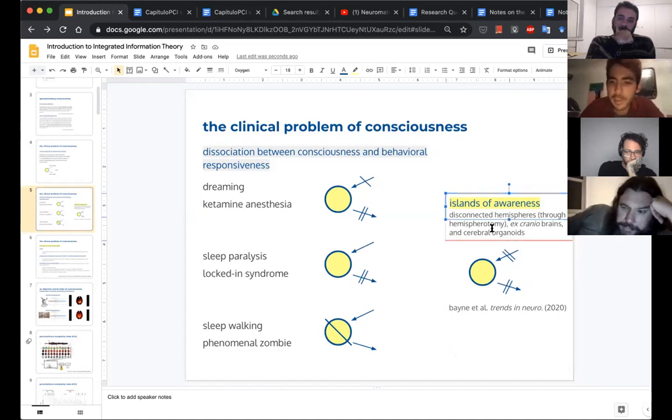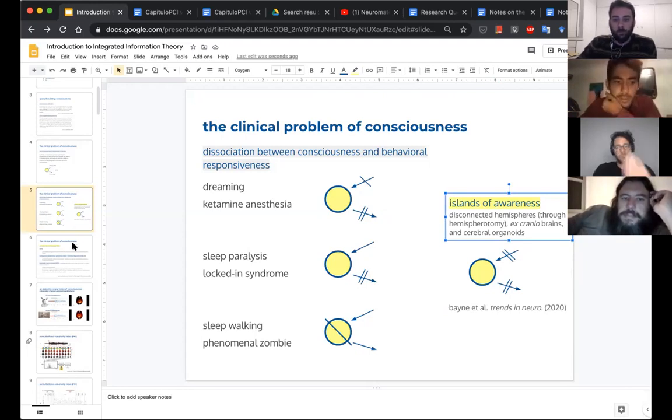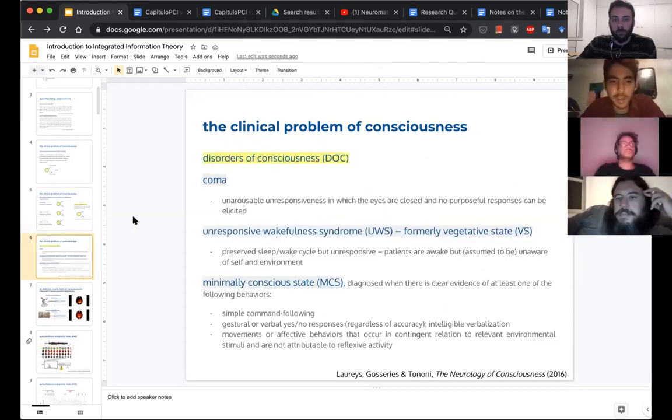If you could maintain the brain in the right physiological conditions, outside of a body, presumably it would still be conscious at least for some time, but it would be completely isolated from the environment. So this dissociation basically sets up the kind of problem you have to diagnose consciousness in disorders.